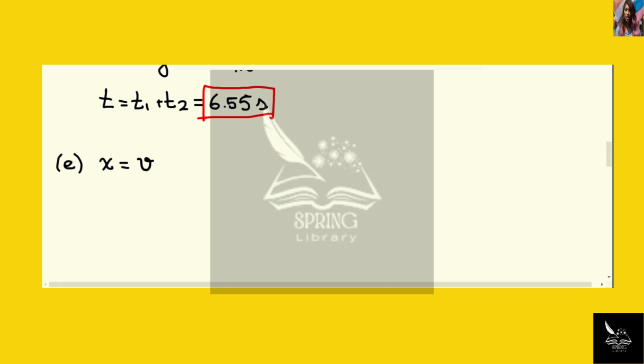And this is just the horizontal distance, V0x times the time T2 when the car was in free fall. So this is equal to 16 times 1.55 seconds, and this is equal to 24.8 meters.